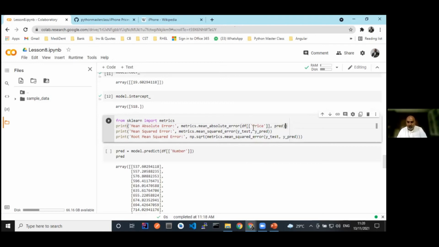So we are going to compare the actual values of price against predict, and this same thing is copied and pasted here all over this place.